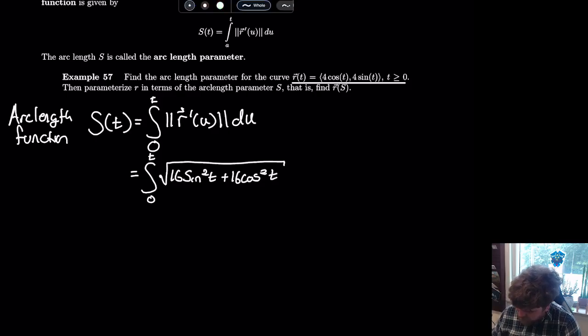And I apologize, forgive me. We should be writing these in terms of the parameter u, not t. So I'm going to replace both of those t's that I wrote down with a u. And now we want to integrate with respect to u.